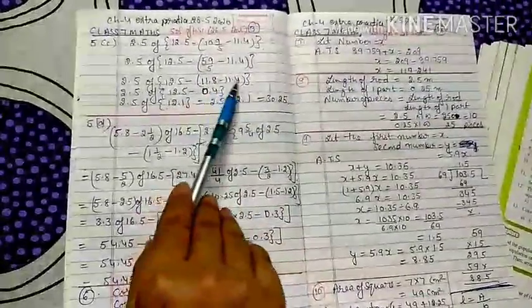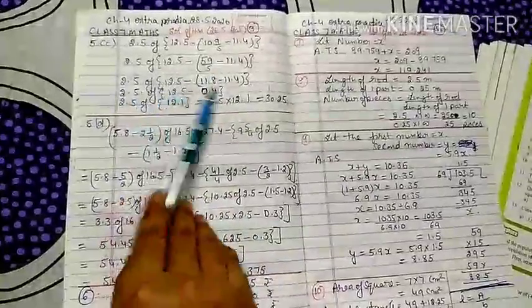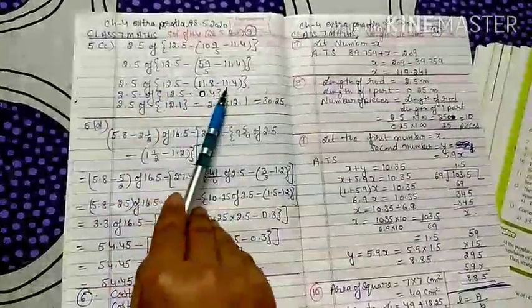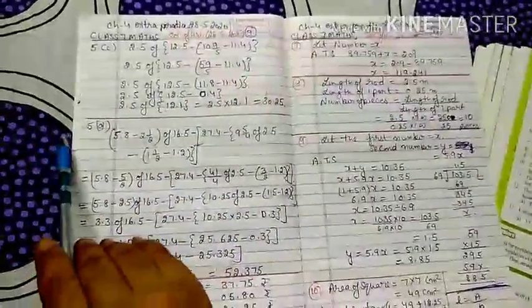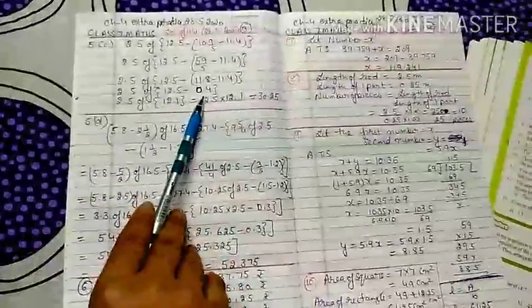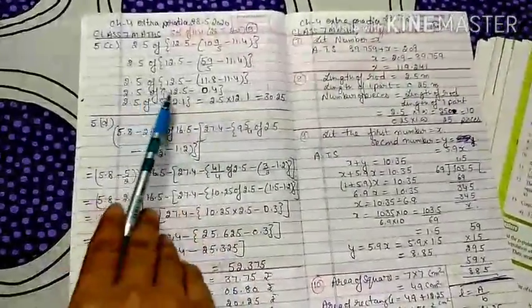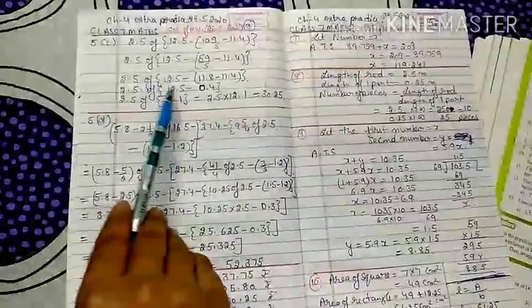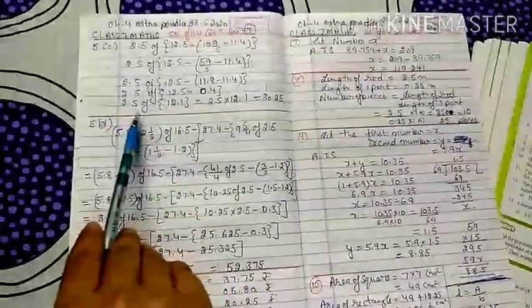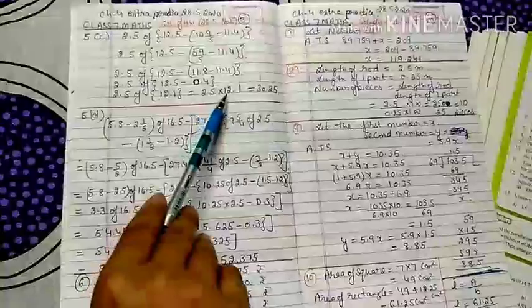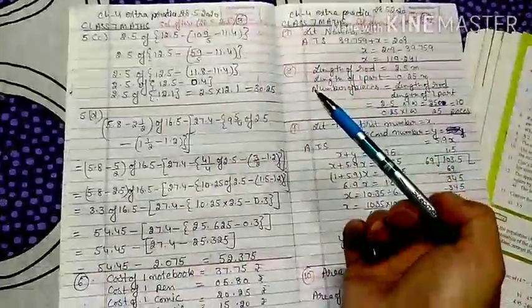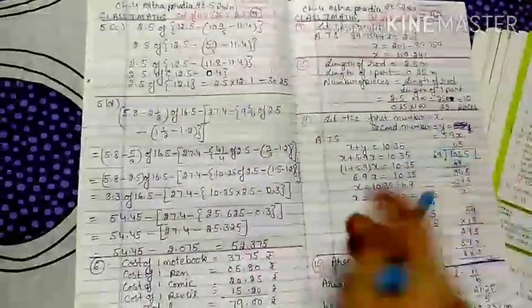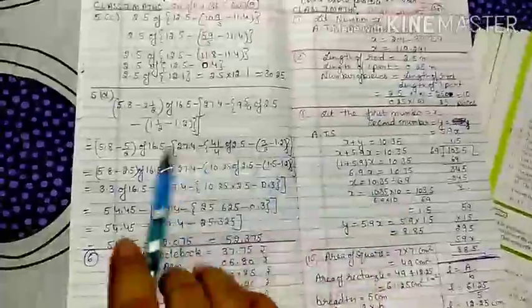Now 11.8 minus 11.4, because we first solve this round bracket then move further. First the round bracket will be solved, giving me 4.5, outside is a negative sign. 12.5 gives me 12.1 after subtraction with 0.4. Now 'of' changes to multiply. 2.5 into 12.1 gives me 30.25.